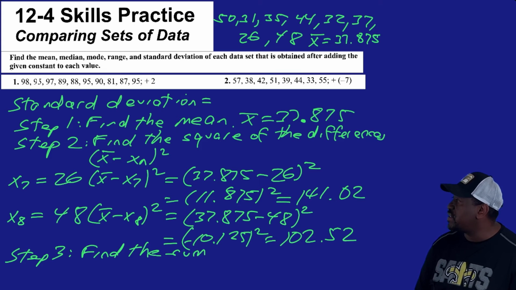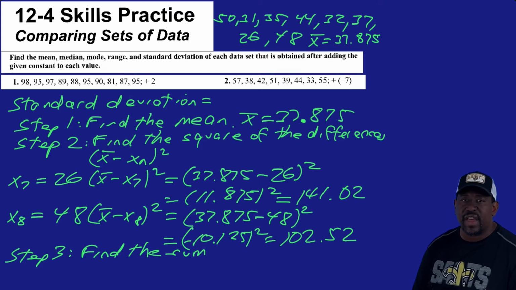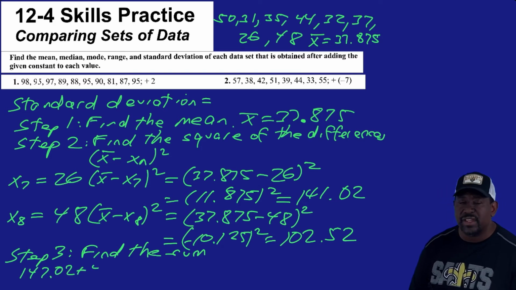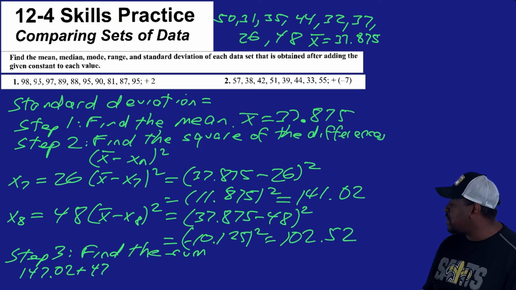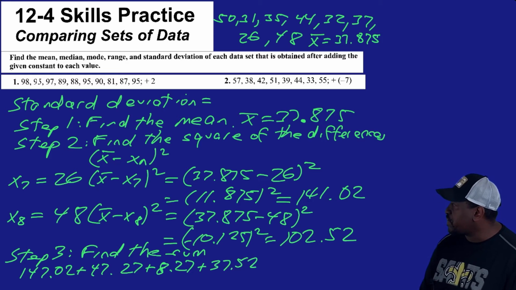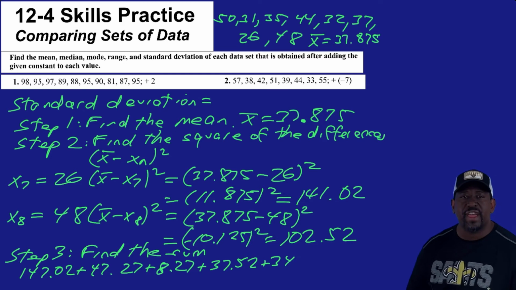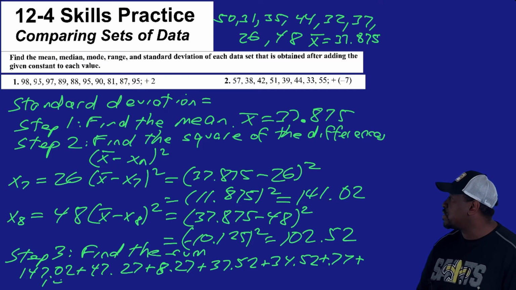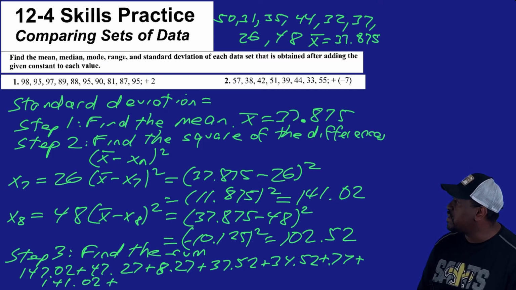And step 3 says to add all these values we've just calculated together. So we have 8 squares of differences that we're going to add. You can see there at the bottom, that is what the NOLA MATHMAN is doing. And so I'm going to take each of those values we've just calculated for each of the 8 data points, and we're going to add them together. And again, you will need your calculator to do this.